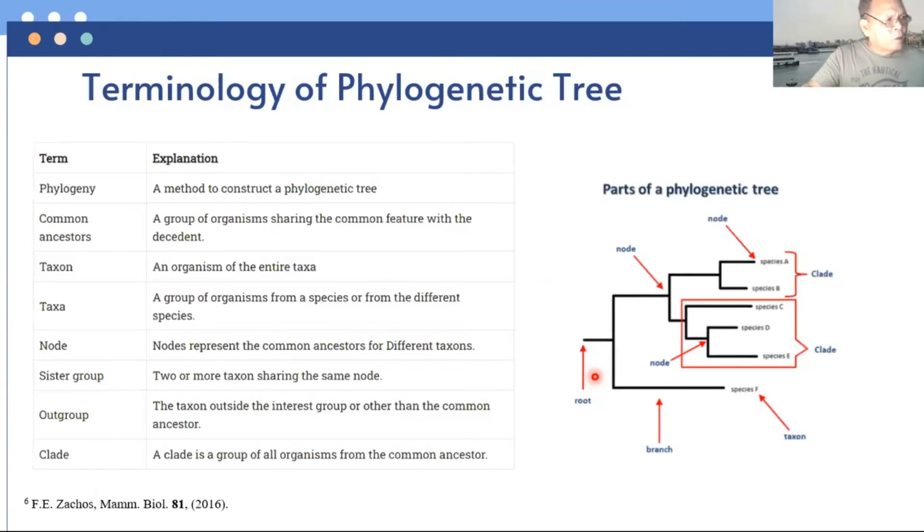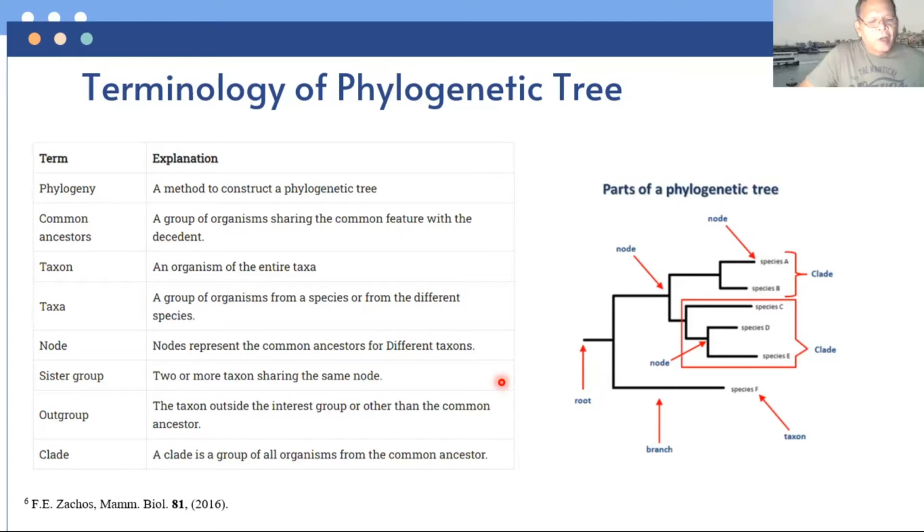Now let's see the terminology of phylogenetic tree. These terminology are commonly used in phylogenetic tree, summarized in the table. The vertical line called branches represent a lineage, and nodes are where they diverge, representing a speciation event from a common ancestor.